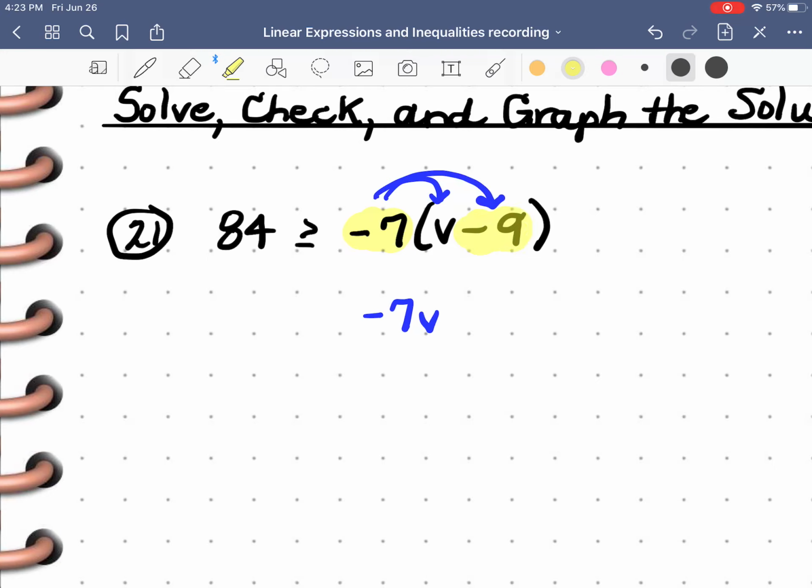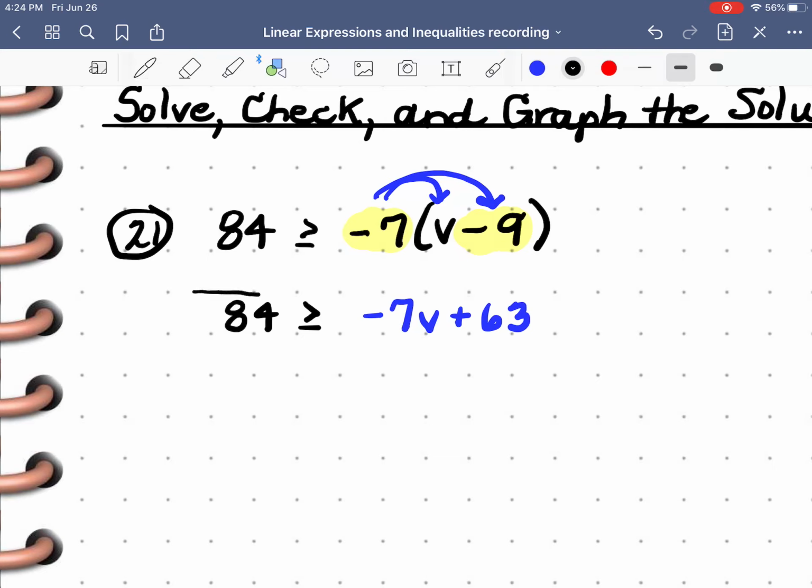So let me highlight those two just so you're sure of what you're multiplying there. -7 times -9 is positive 63. And then of course your 84 and your greater than or equal to sign come down.